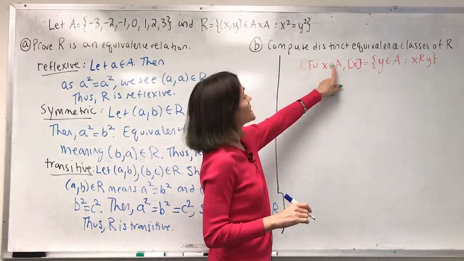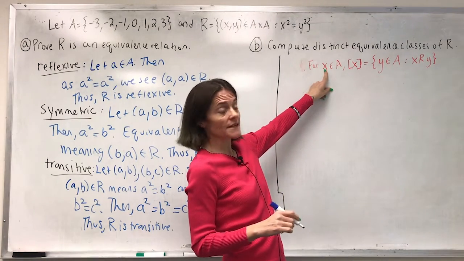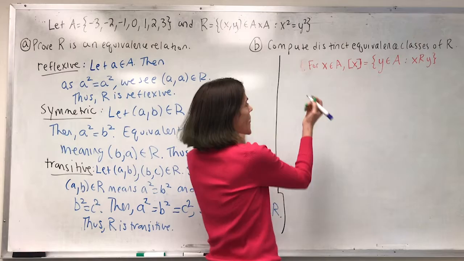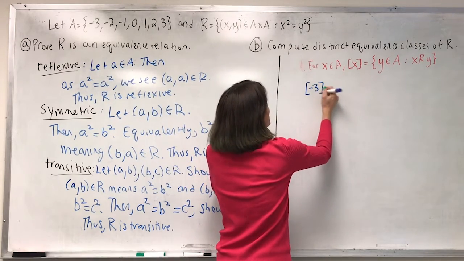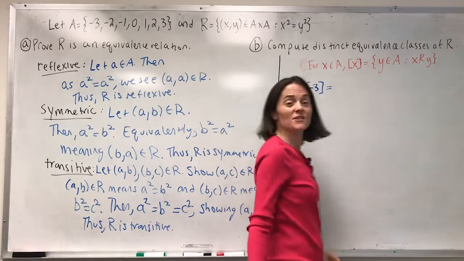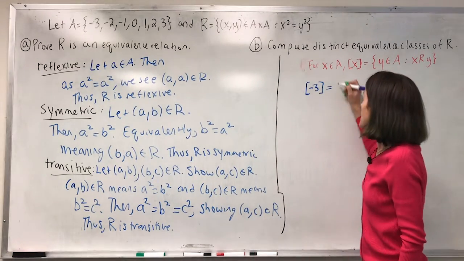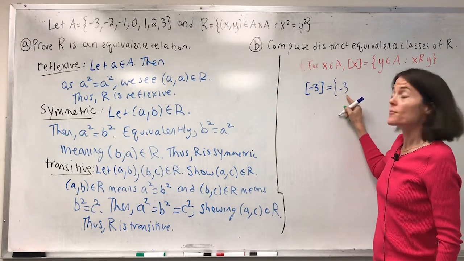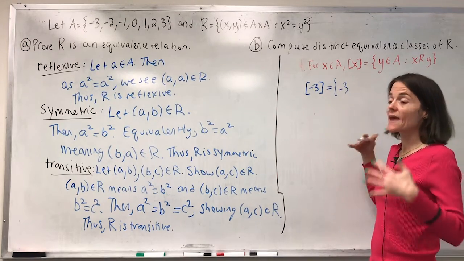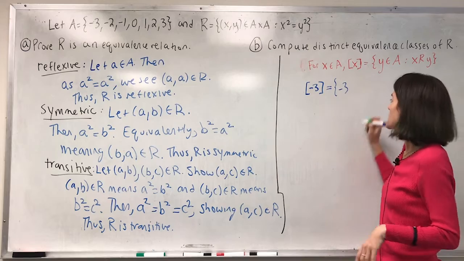The first thing that you notice in this definition is you start with x in A. So take something in A. Minus 3 is in A, so I'm going to start with the class of minus 3. Well, always you put your representative in the class. This will be the case for any equivalence relation.